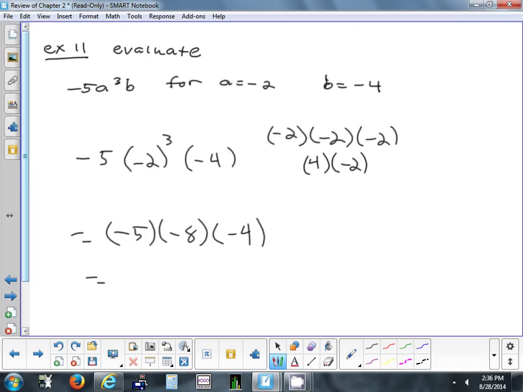Let's start with negative 5 times negative 8. What's a negative times a negative? Positive. 5 times 8? 40. And we have 40 times negative 4. What's a positive times a negative? Negative. What's 40 times 4? 160.